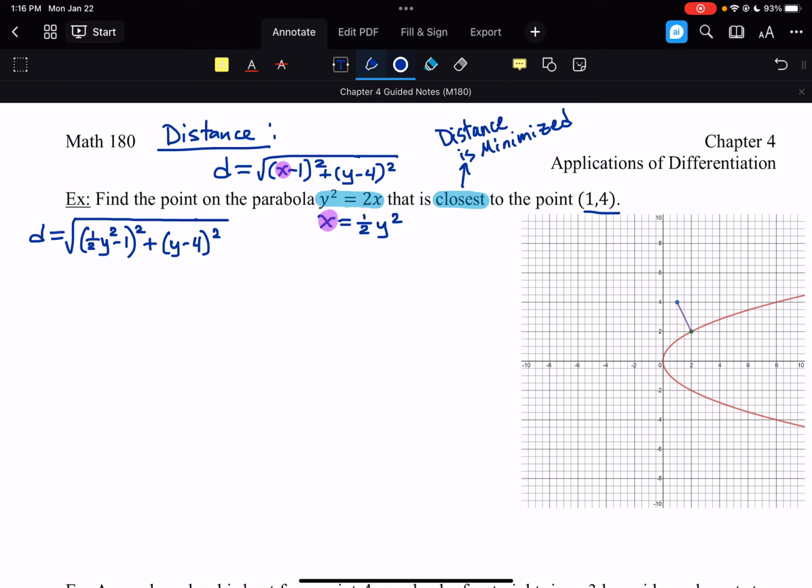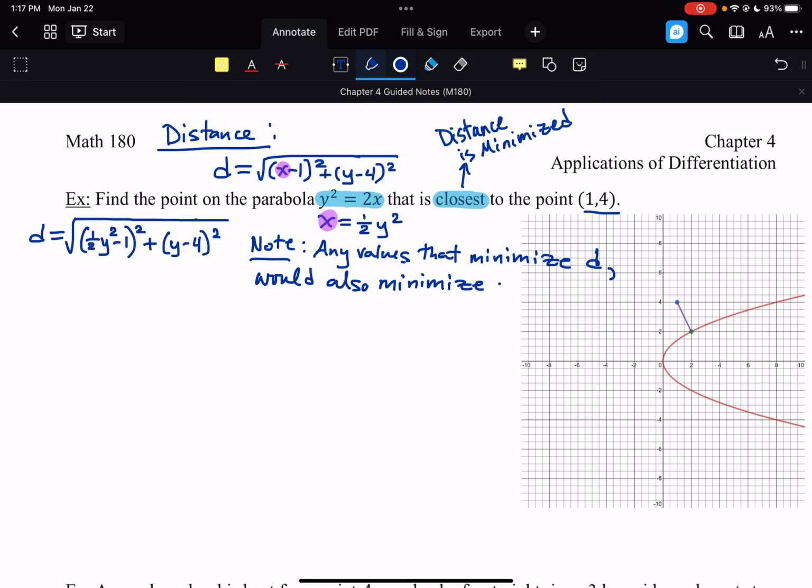So I want to take note: any values that minimize D would also minimize D squared.